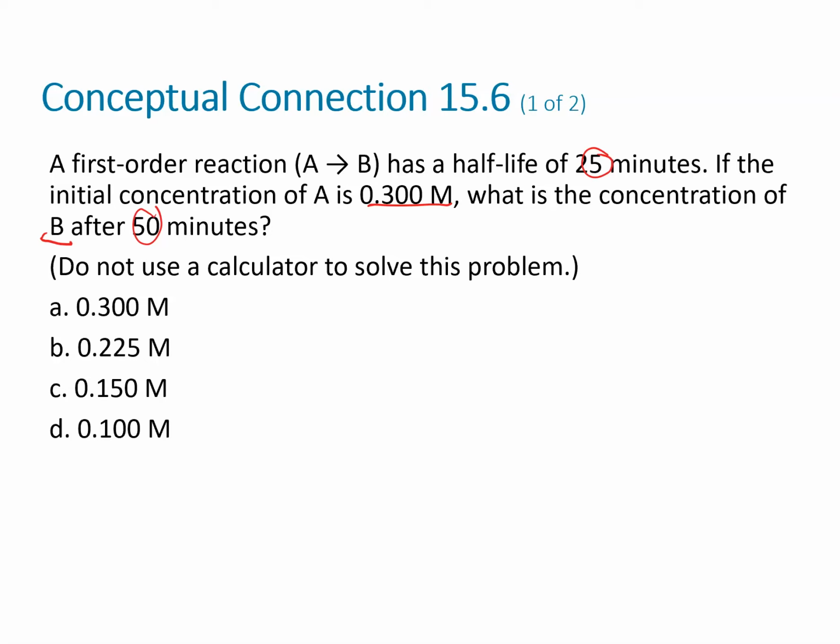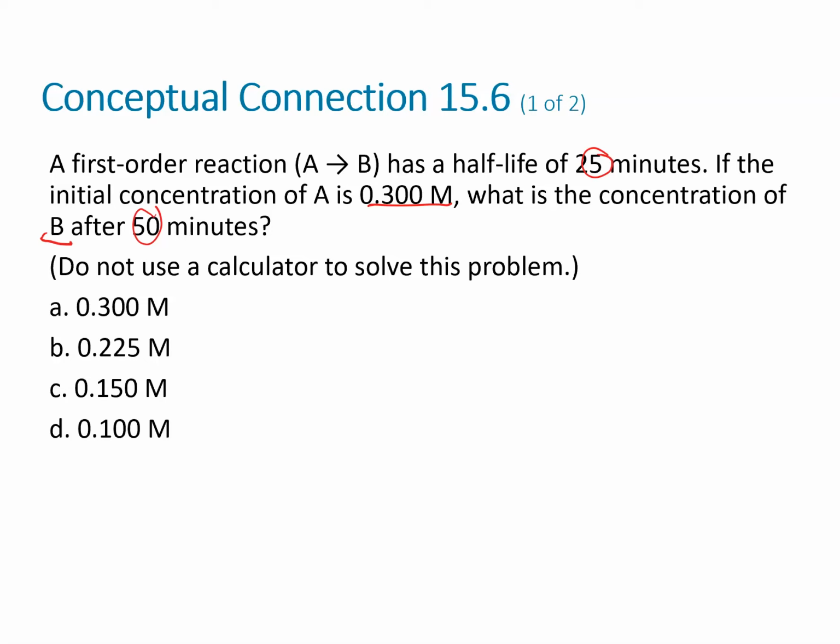So if the initial concentration of A is 0.300 moles per liter, after 1 half-life, it'll be 0.150 moles per liter. And then after another half-life, it'll be 0.075 moles per liter.